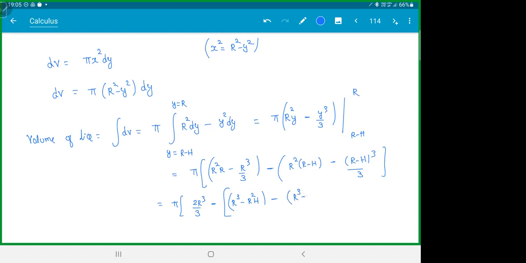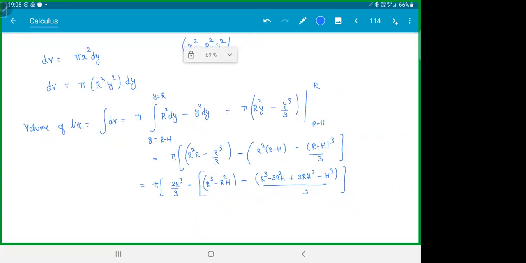r cube minus 3r square h plus 3r h square minus h cube by 3. So, can you go back?